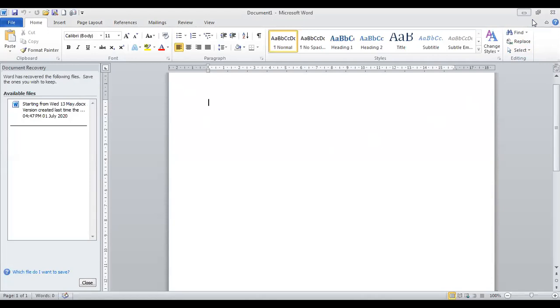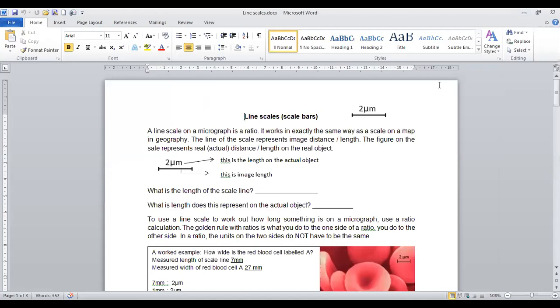This Word document. Okay. What have I done? Okay. Okay. Yay, I think I've managed.